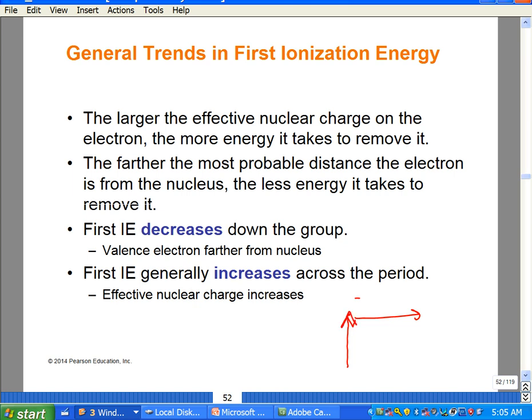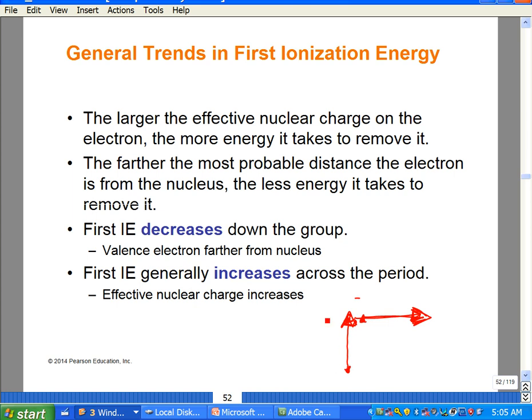I have the up arrow to mean it gets bigger in these directions. So it gets bigger up the column, and decreases down; this is a smaller one. I'll draw a little dot down here. And then it gets bigger as you go to the right.